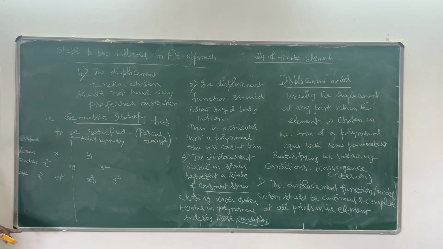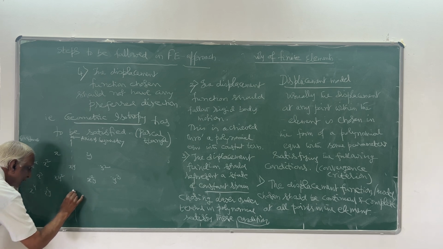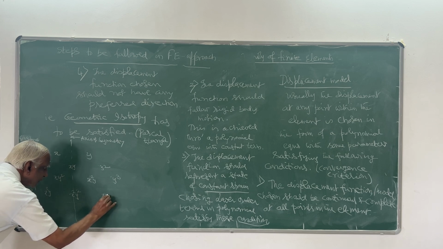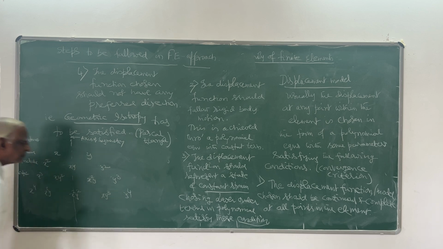Right? For a three-dimensional body, it has to be the Pascal triangle again with 3D, x, y, z. All these three variables you will select. For the higher order, say x4, it has to be x cubed y, then x squared y squared, then x y cubed, then y4.